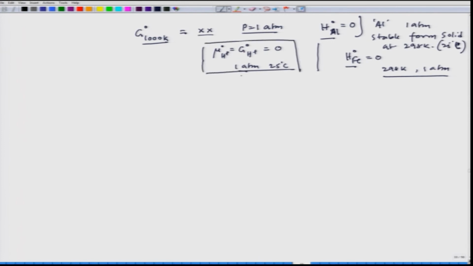We do not know whether the chemical potential of hydrogen ion is actually 0 at 25 degrees Celsius and 1 atmosphere pressure, but we assign this value. And this assignment helps us in finding the change in enthalpy, change in free energy, or change in entropy.